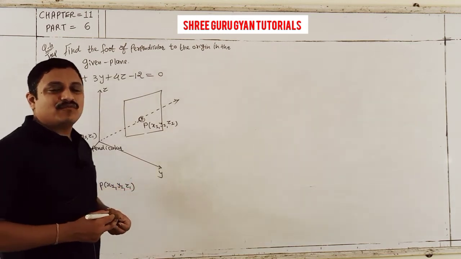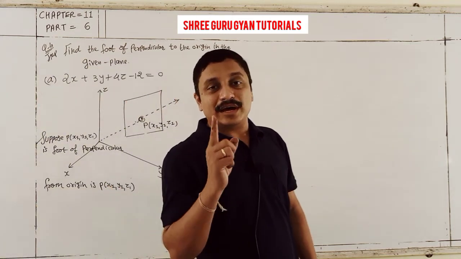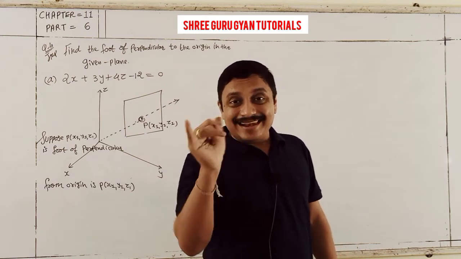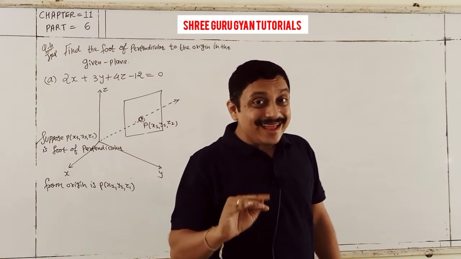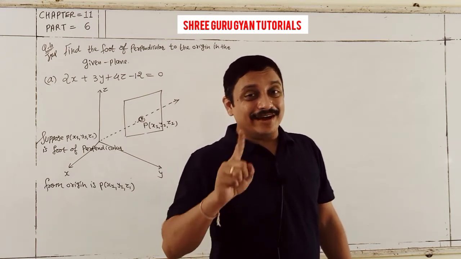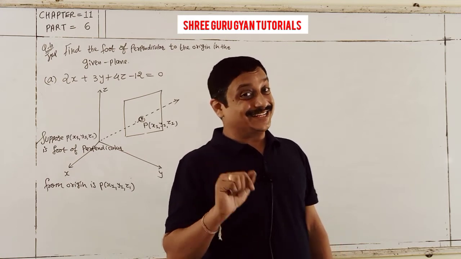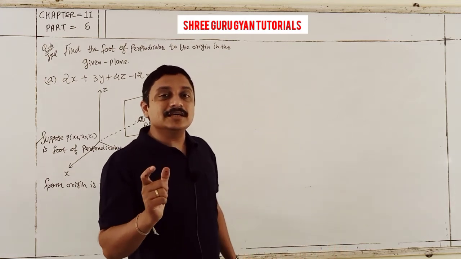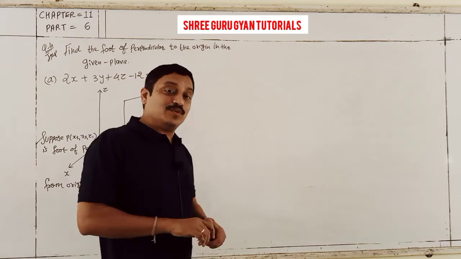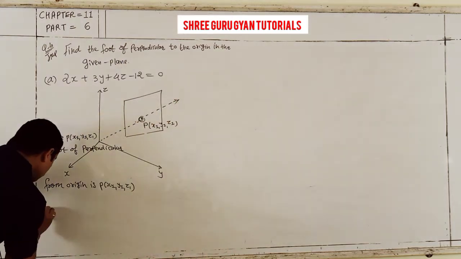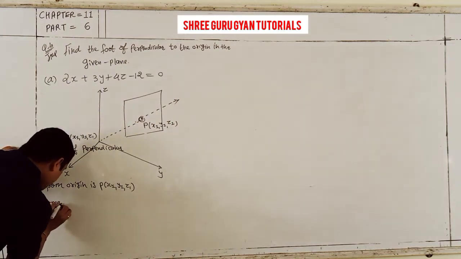Very easy, the foot of perpendicular formula you know: LD comma MD comma ND, where L, M, N are the direction cosines, and D is the perpendicular distance from the origin. That's why I start with the normal first.